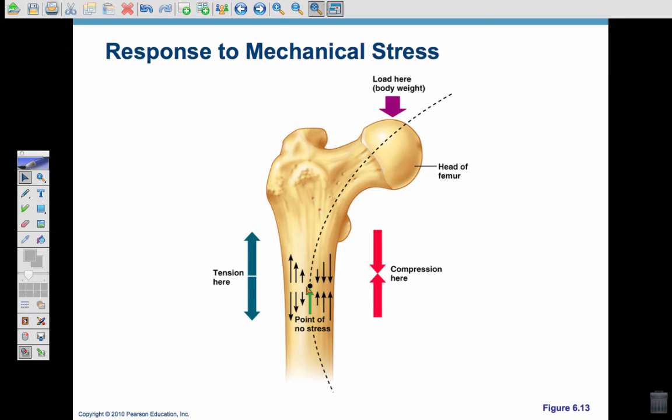diaphysis of the femur, such that the center of the bone is essentially a place where there is very little stress at all. It is negated. So there's compression on the inner surfaces, pulling apart or tension on the outer part, and that means there's no stress in the middle.